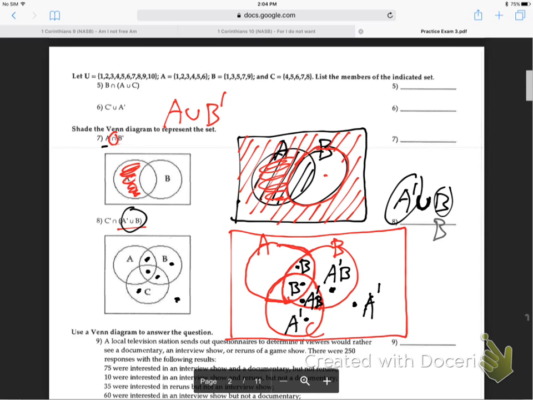And now we're supposed to do not C. What regions are not C? Not C, not C, not C, and not C. Those 4 basic regions are outside of circle C. See how one letter, whether it's A or B or C or not A, not B, not C, always defines 4 sections?